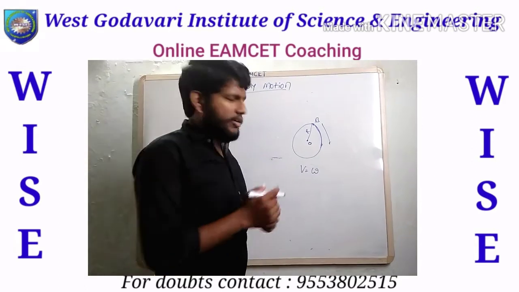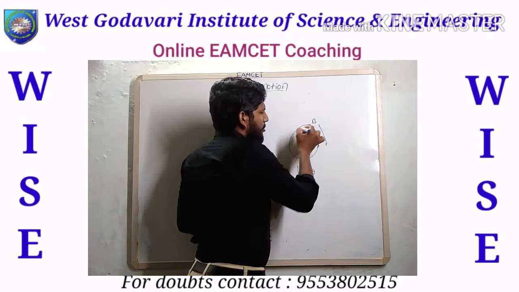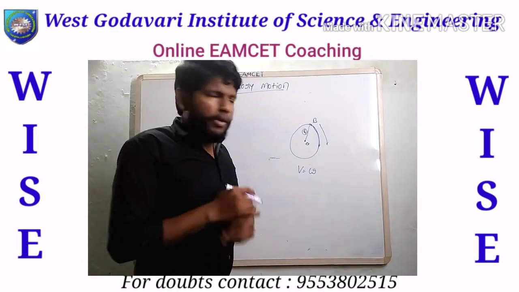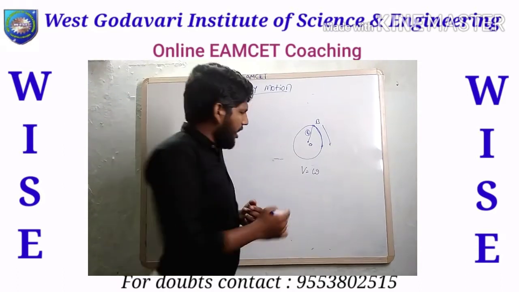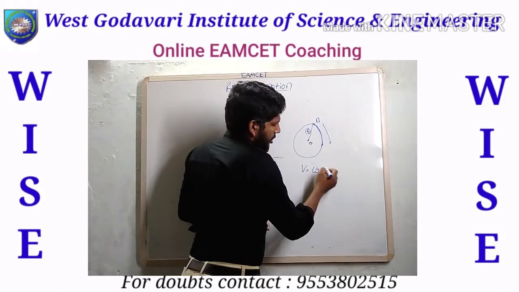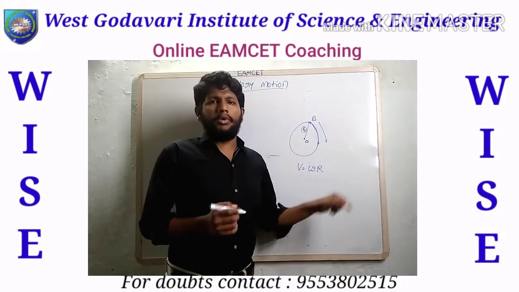Then what is the difference between these two? Additionally we have another element, that is radius. So if you multiply angular velocity with radius, you can get the normal velocity. So the relation between the velocity and angular velocity is V equal to wr.